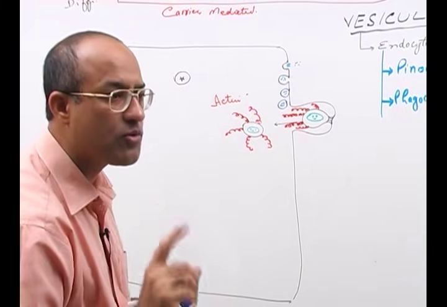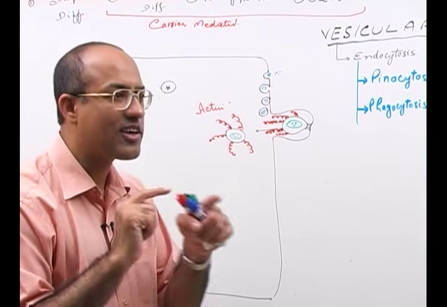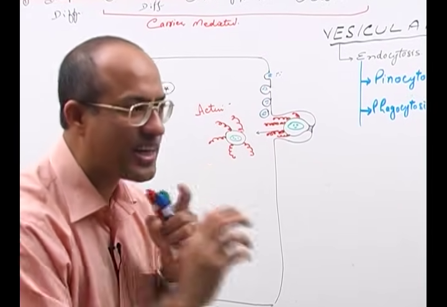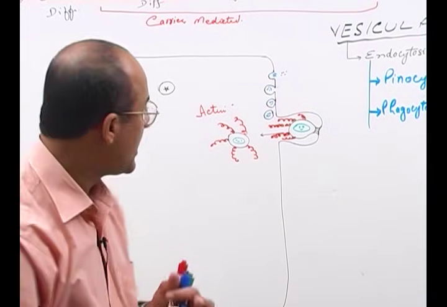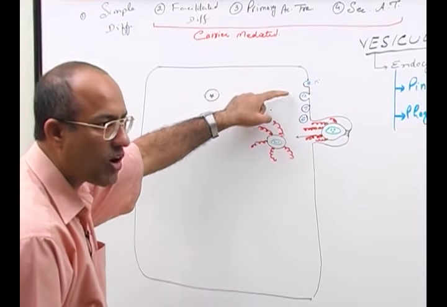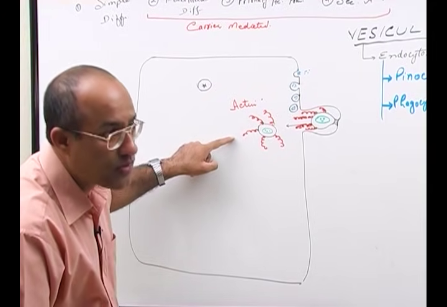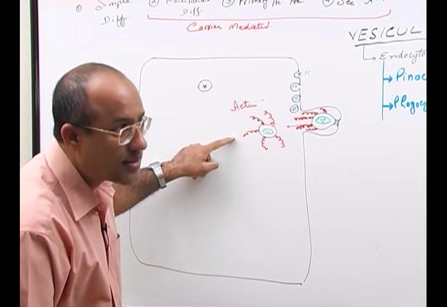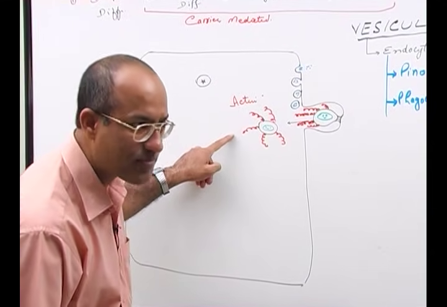So in the process of phagocytosis, the intracellular actin molecules reorganize themselves to pull that vesicle in. You have noted that in pinocytosis there was no involvement of actin molecules, but in phagocytosis there is rearrangement of the actin molecules. Is that right?